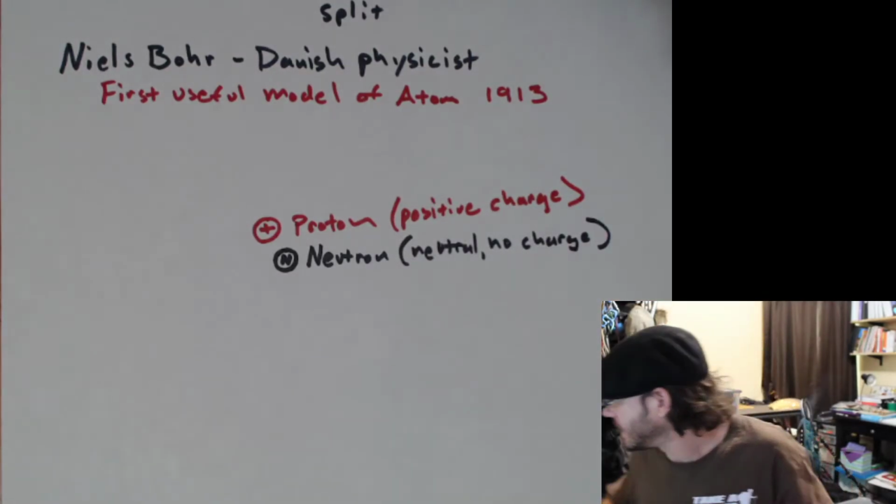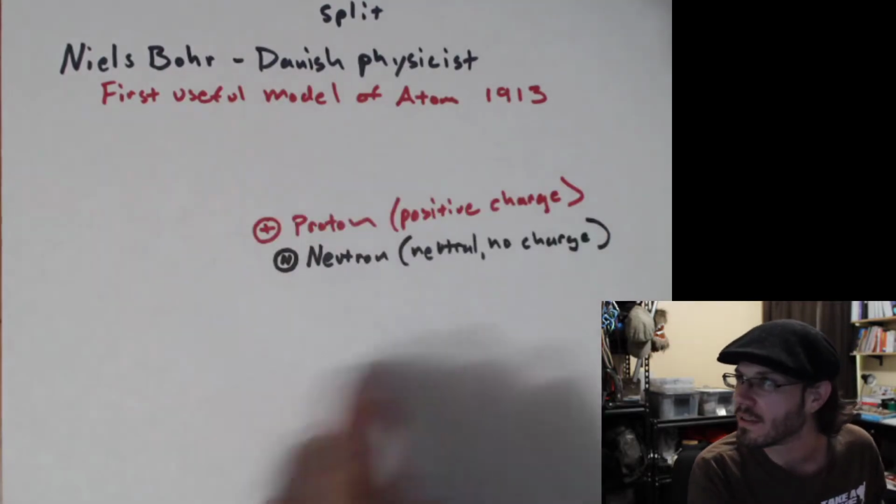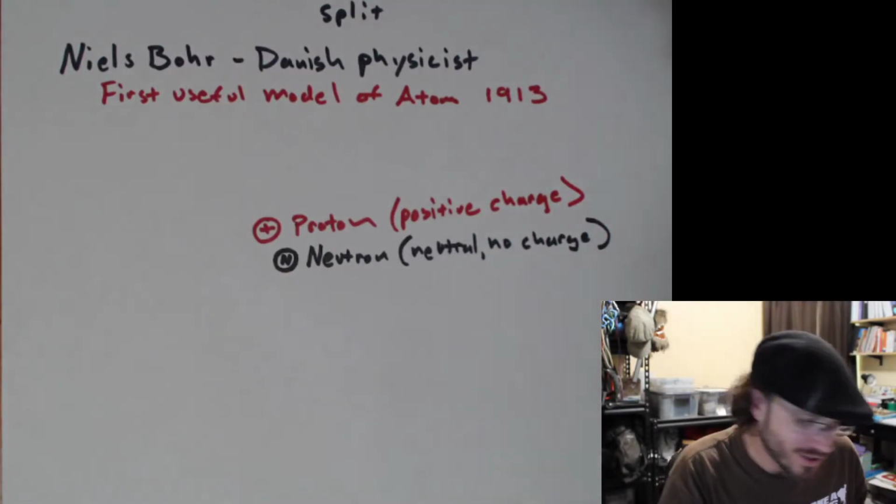And orbiting around the nucleus is the negative charged electron.